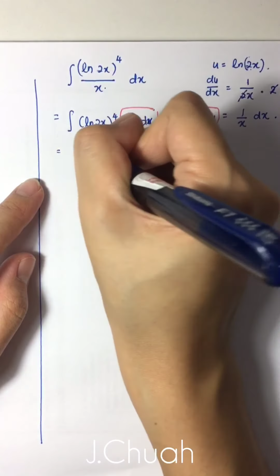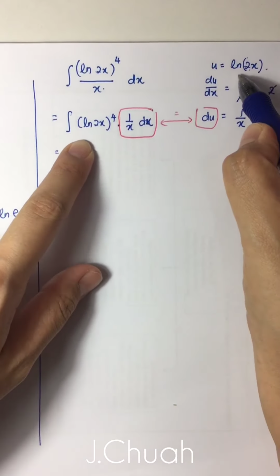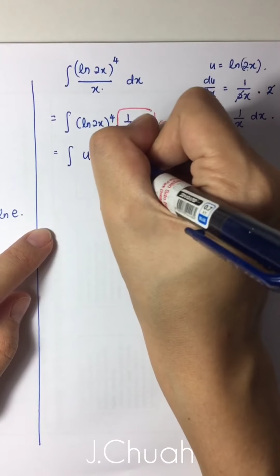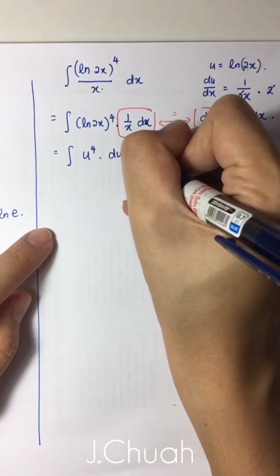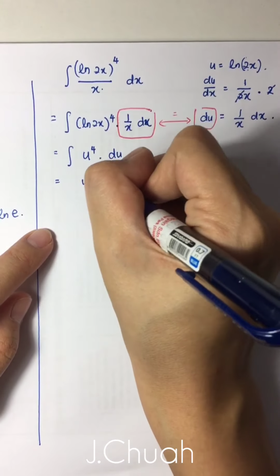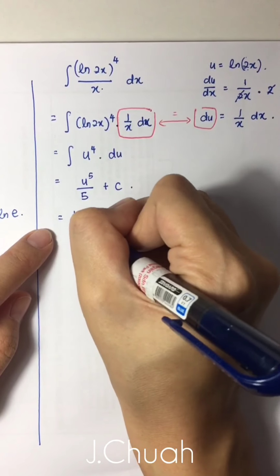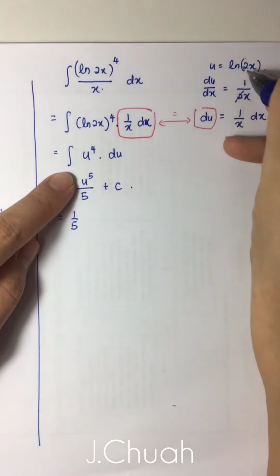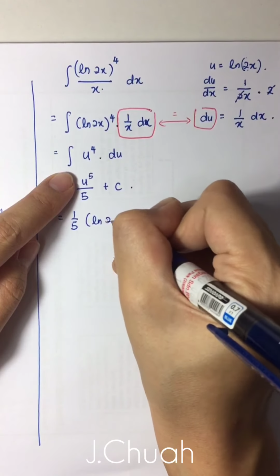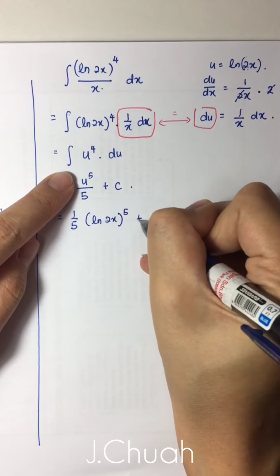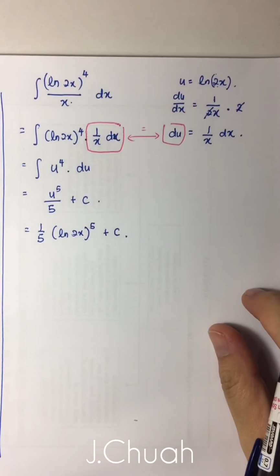So you will have, this is u, so u to the power of 4 times du, which is now u to the 5 over 5 plus c. u is ln 2x, so (ln 2x) to the power of 5 over 5 plus c. That's it.